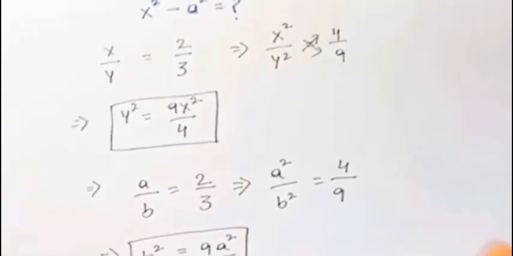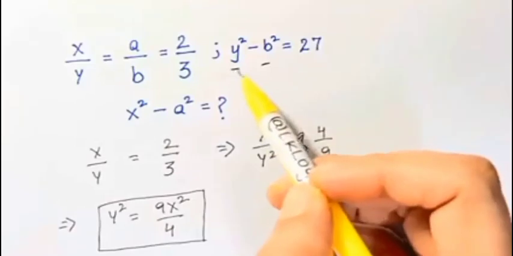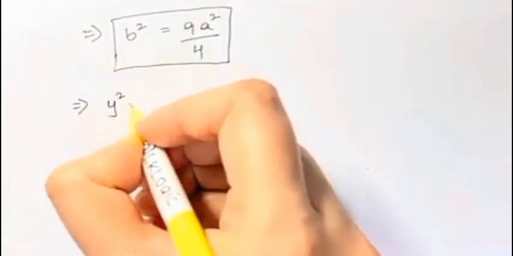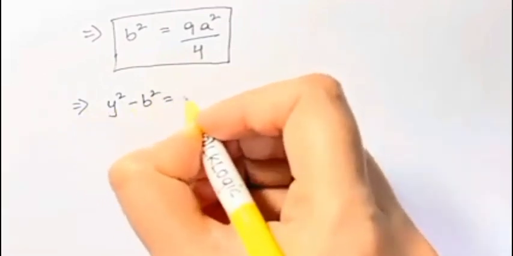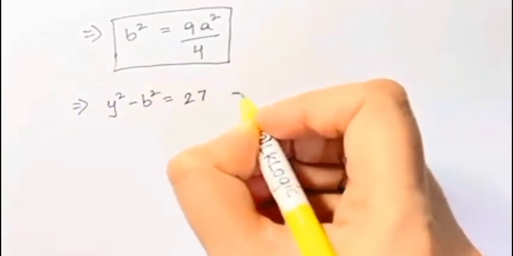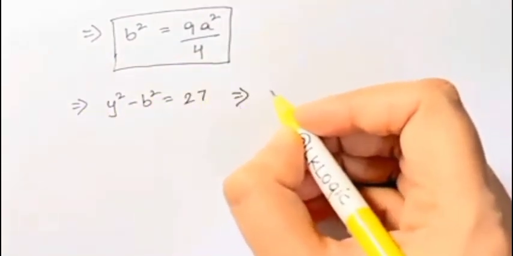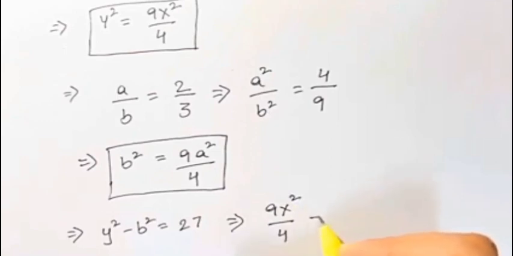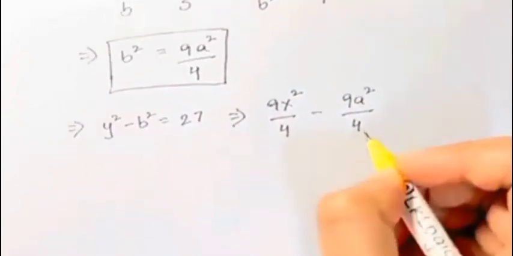Now what was our equation here? Y square minus b square. So we have y square minus b square is equal to 27. So when I substitute, y square is 9x square over 4 minus b square is 9a square over 4.